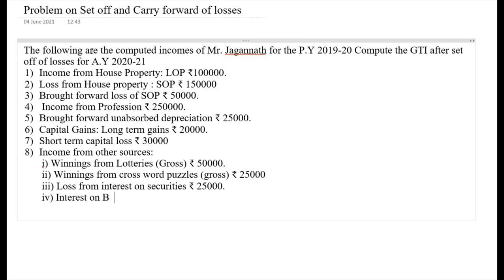Interest on bank deposit rupees 20,000. Dividend from Indian company rupees 20,000.